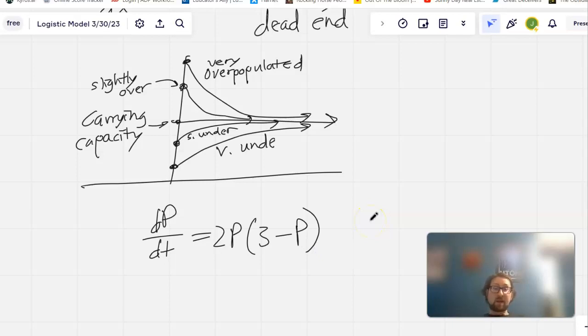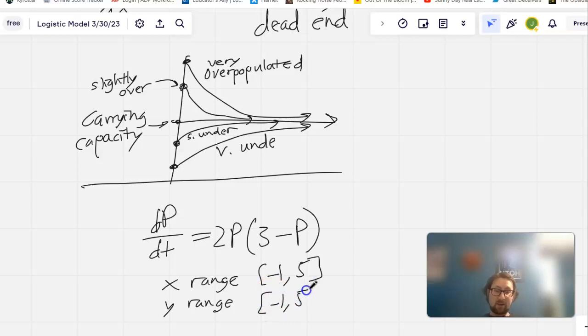Notice this does not depend on t, it just depends on P. And I want your x and y ranges to go from -1 to 5 and -1 to 5.